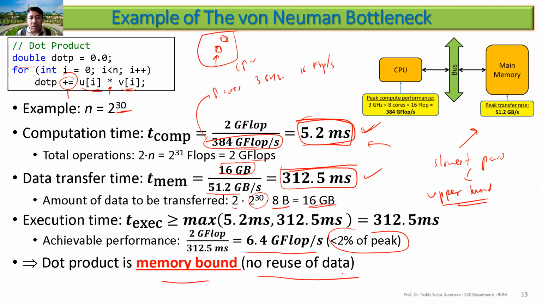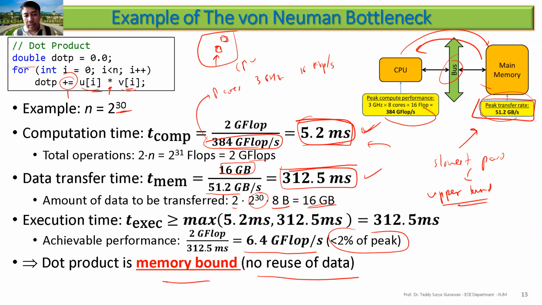Although we have faster processors, if the memory is slow and the interconnection is slow, then the peak transfer rate here is determined by the bus and also the speed of the main memory. When you transfer this one or transfer back here, the speed is 51.2, but this one is 384 gigaflop per second.